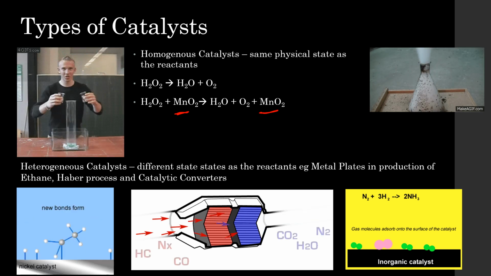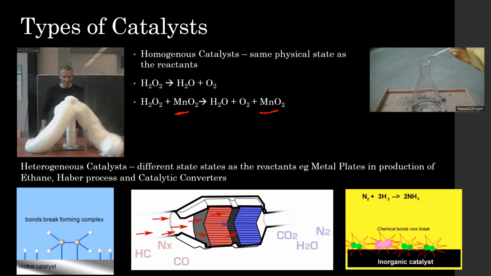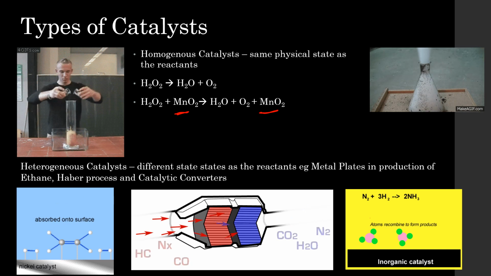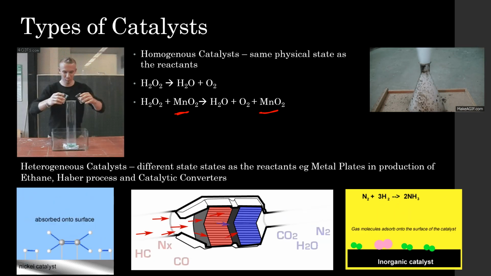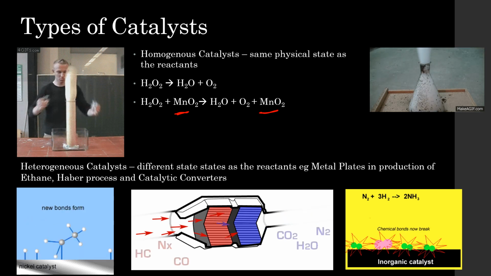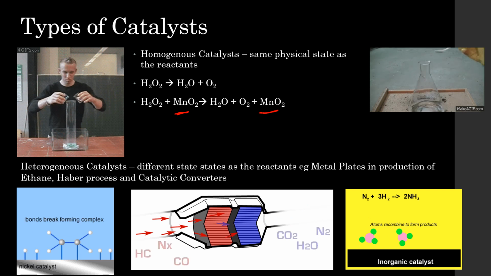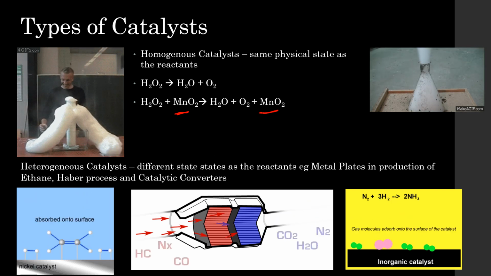And finally, in the Haber process, there's an iron catalyst there, and that changes the amount of temperature needed, so rather than several thousand degrees, it can go to about 800 or 500 degrees Celsius. And so it just makes that production of ammonia so much easier. That's the Haber process.